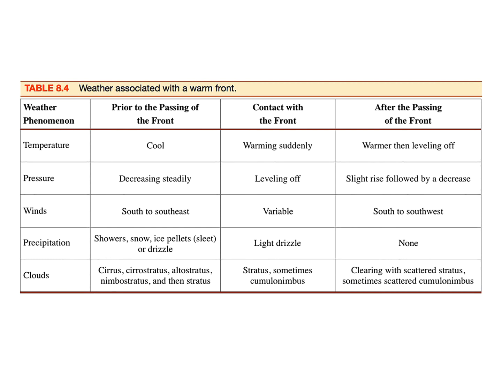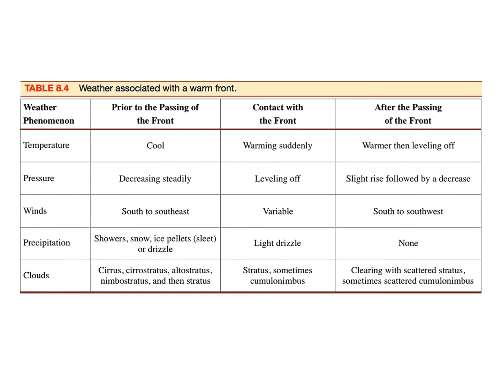When the location comes in contact with the warm front, there'd be a sudden warming. The pressure would level off, winds would become variable, precipitation would go from being heavy to light, commonly light drizzle. Clouds would be stratus, sometimes nimbostratus.